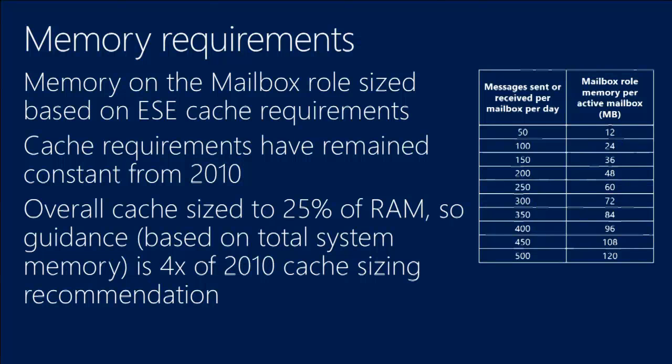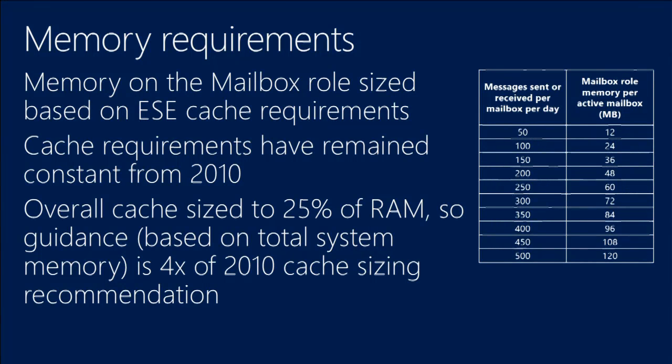So what you're looking at here is basically the 2010 cache requirements multiplied by 4 in order to get us that 25% utilization of memory for cache in 2013. So the cache requirement for the 50 profile would have been 3 megabytes in 2010. So we require 12 megabytes of available system memory for that user in 2013, so that we still have that 3 megs of cache memory for that user in this version of the product. That's where those numbers come from.